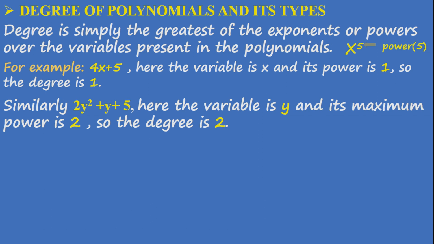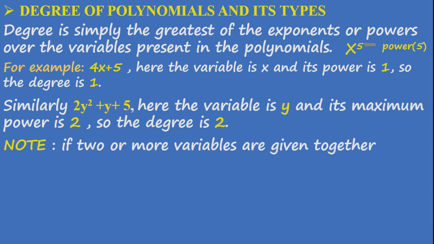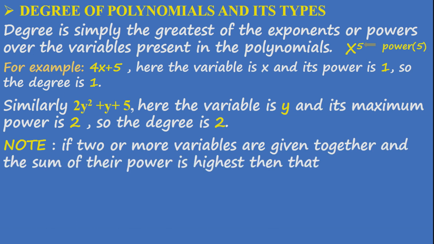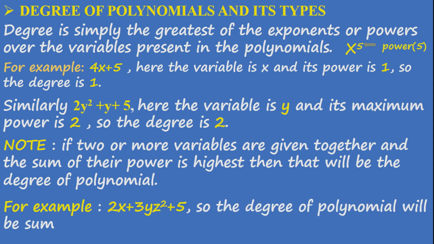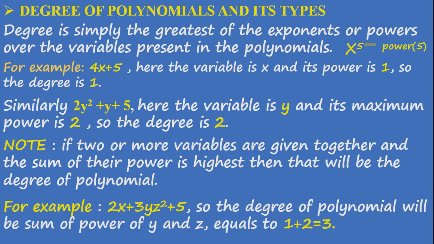Now important note for you students, if 2 or more variables are given together and the sum of their power is highest, then that will be the degree of polynomial. We try to understand it by the help of an example. We have taken a polynomial here, that is 2x plus 3yz square plus 5. Now you can see here that the y and z two variables are written together, right?